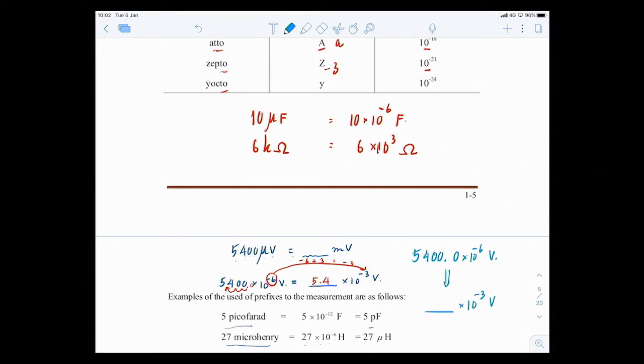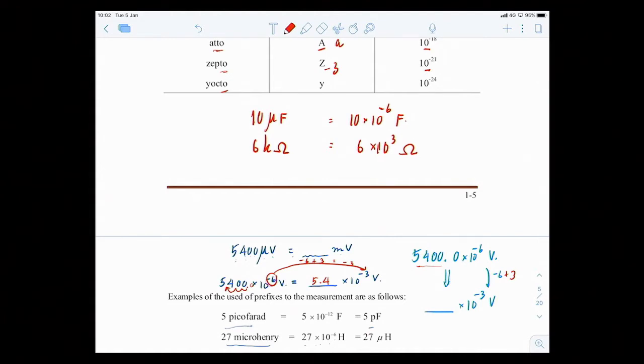So you look at the power of 10 first, from minus 6. If you want to change it to minus 3, you have to add 3. If you increase the power by an order of 3, we have to reduce the value by an order of 3 also.